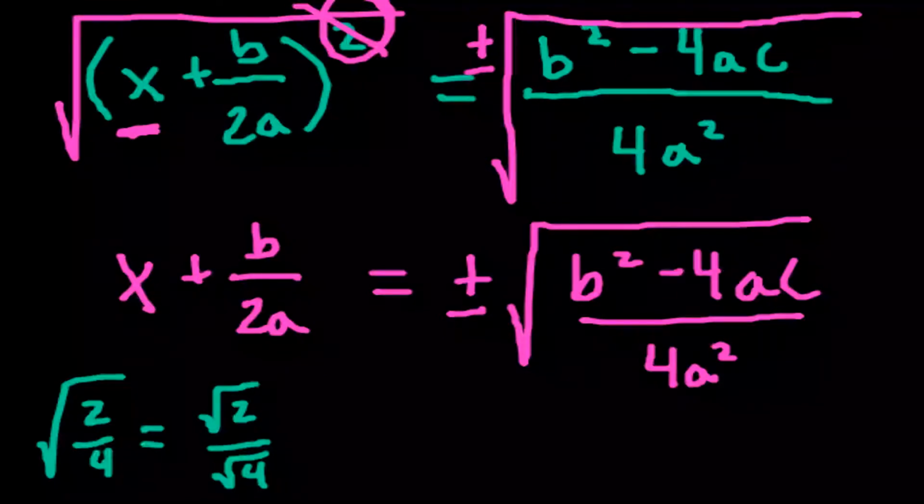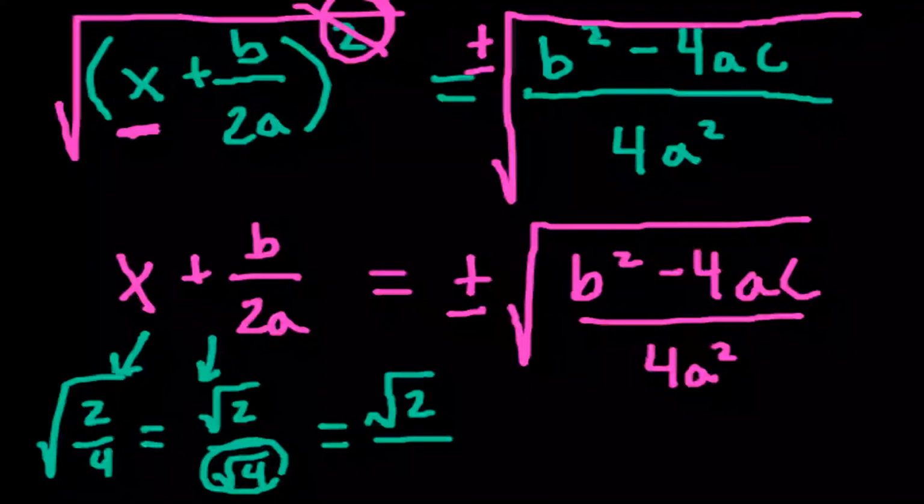And it's not that this one is more or less correct or this one is more or less correct, but the second method gives us the opportunity to see that I have the square root of 4, which is a number I can take the square root of. Square root of 2, not so much. I'm kind of stuck with the square root of 2. But the square root of 4 is 2, right? 2 times 2 is 4, so the square root of 4 is 2. And so we have an ability to make that look just a little nicer.